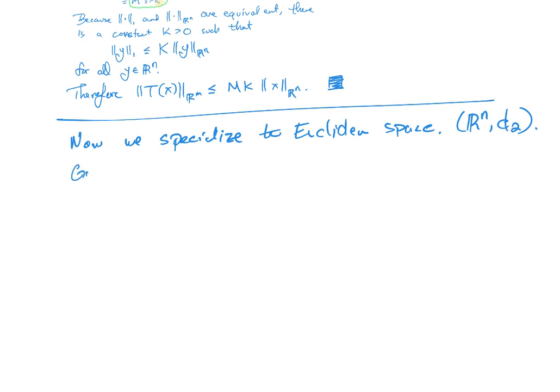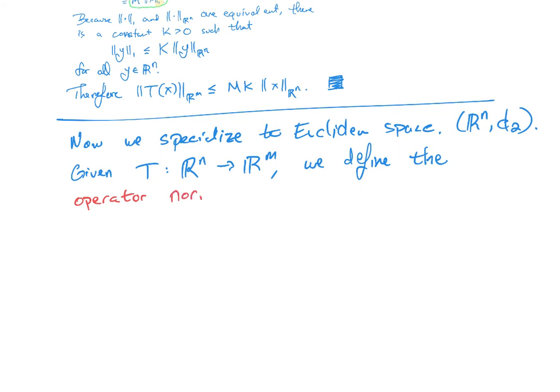Okay. So, given a transformation from Rn to Rm, we define... and if you remember back to the beginning of the lecture, the whole motivation is we want a norm that's based on operators, so it's based on transformations rather than based on matrices. So this is called the operator norm.